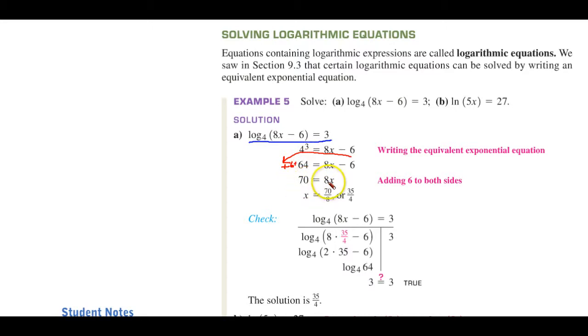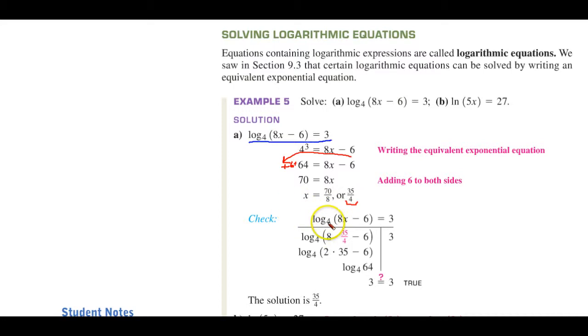Then we're going to divide both sides by 8, and I get x equals 70 over 8. Now I know I can take a 2 out of each one of these because they're even, and I get this. And you always want to simplify. This is correct. This is in its simplified form.